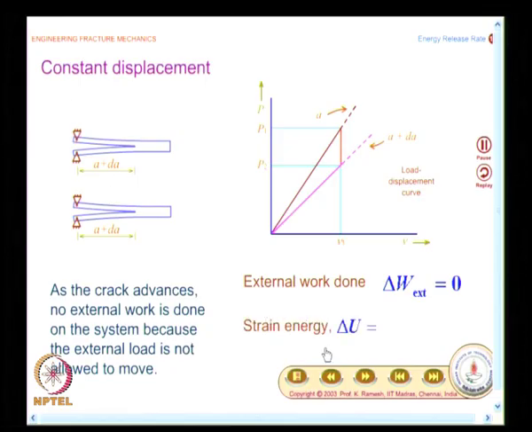And what is the strain energy change? This is the final strain energy, this is the initial strain energy. So, the change is what you find here, and in this case the strain energy decreases. So, you have to keep this in mind.